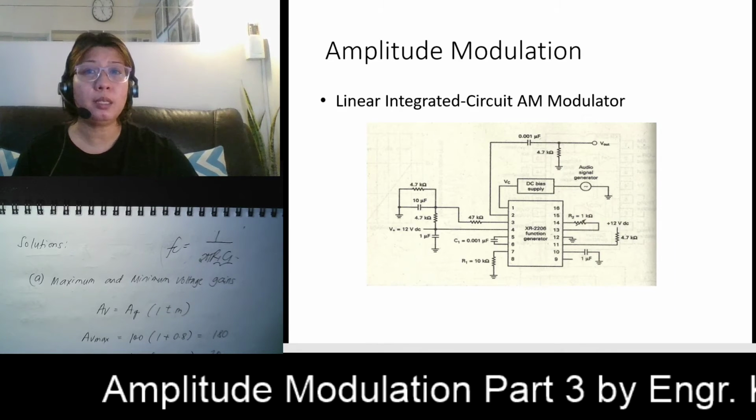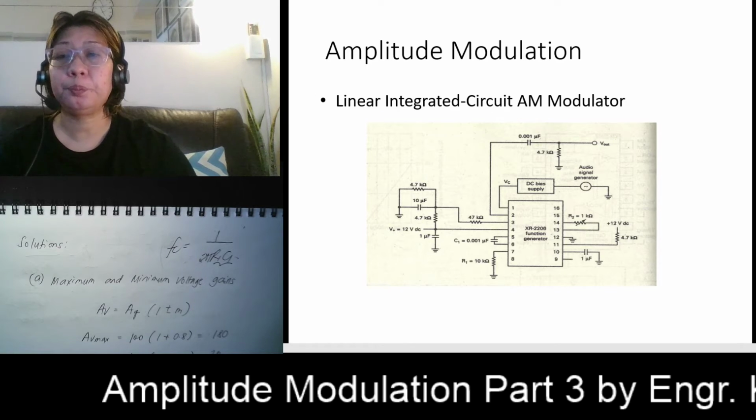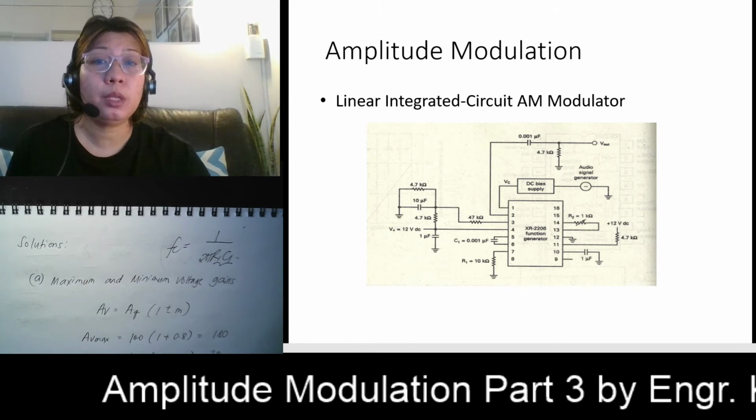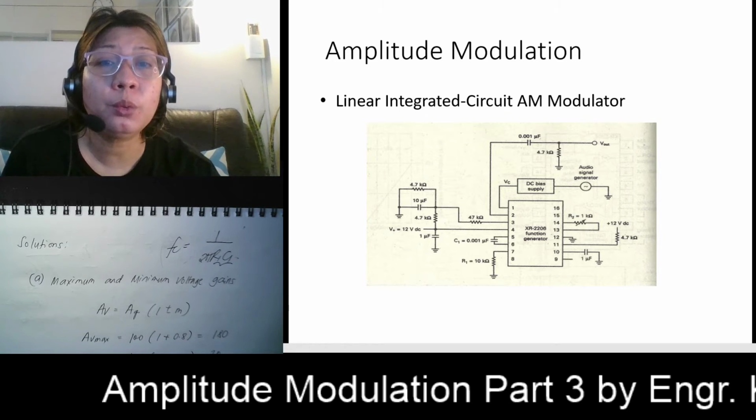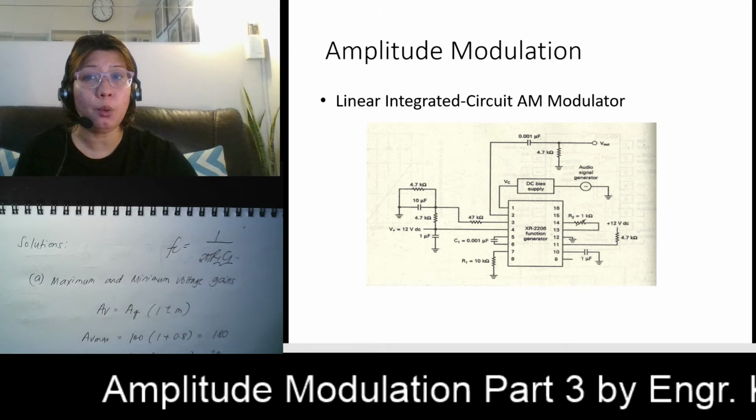This is a linear integrated circuit AM modulator using the XR2206 function generator circuit. The carrier signal is the output of your VCO, and it is dictated by the values of your R1 and C1 at their specific pin configurations.